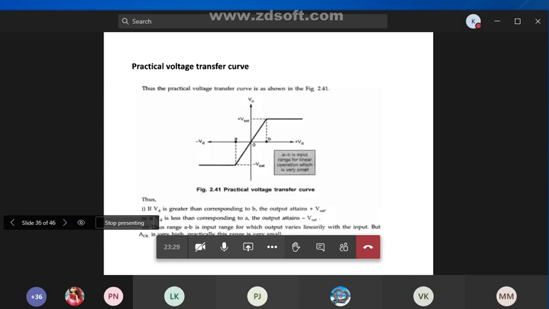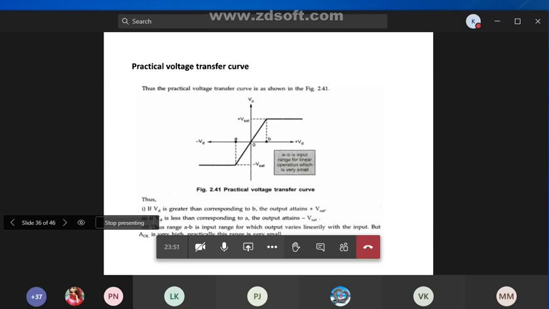Next, if you see the practical voltage transfer curve, if Vd is greater than the corresponding value, that is B, then the output will be plus Vsat. From this point the output is constant, that is plus Vsat.